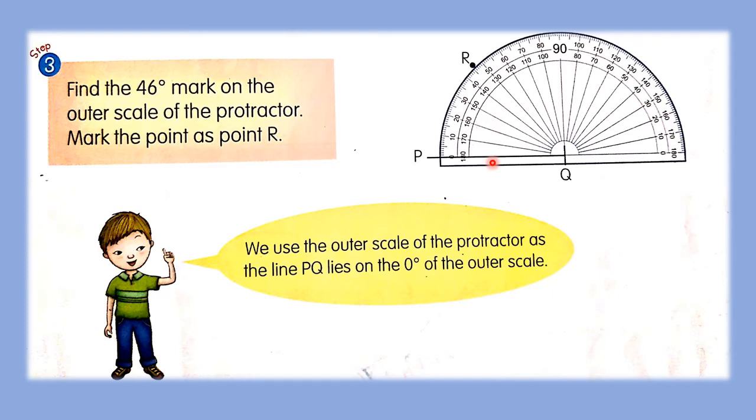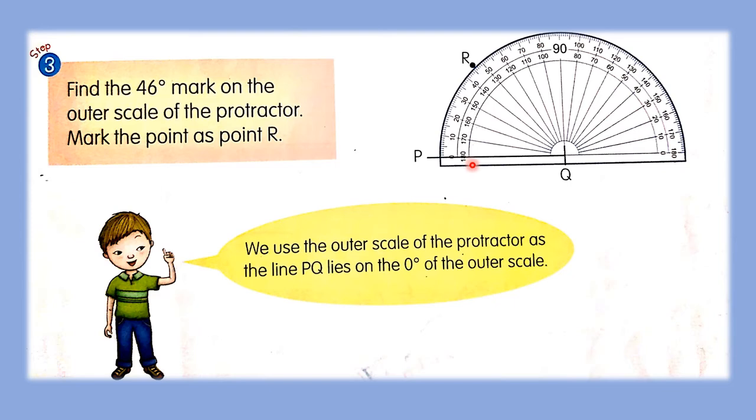Now look at this one. Now we have kept the protractor here. Now the PQ line is here. Can we measure this 46 degrees from this outer scale? Can. Why is that? Because this way, the outer scale starts with 0. Then can we take this 46 degrees from 180, that means from the inner scale?